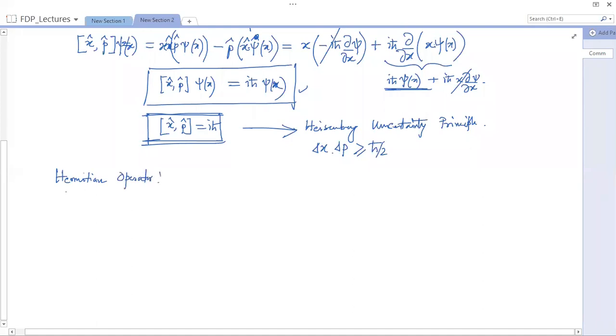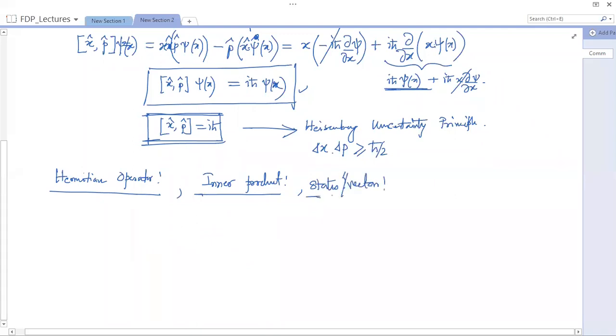The Hermitian operator definition is that, before that, I have to mention some concepts of inner product and states, or vectors.